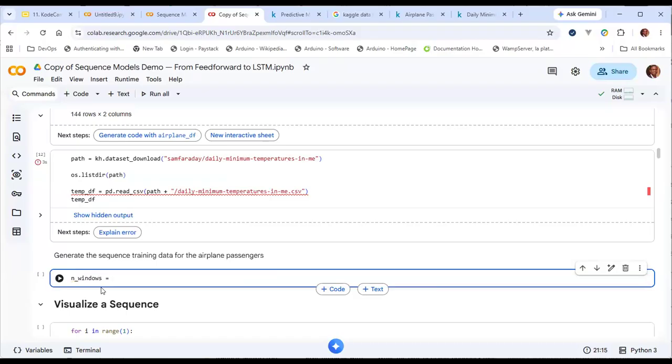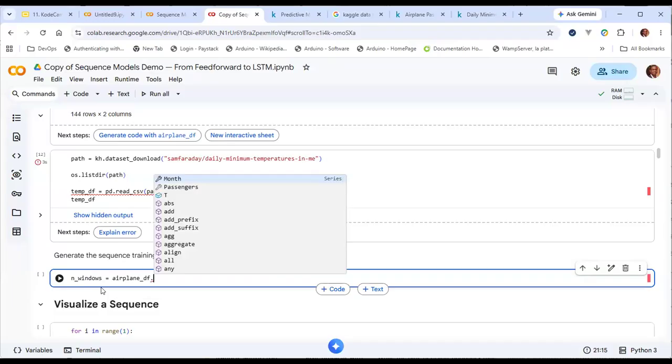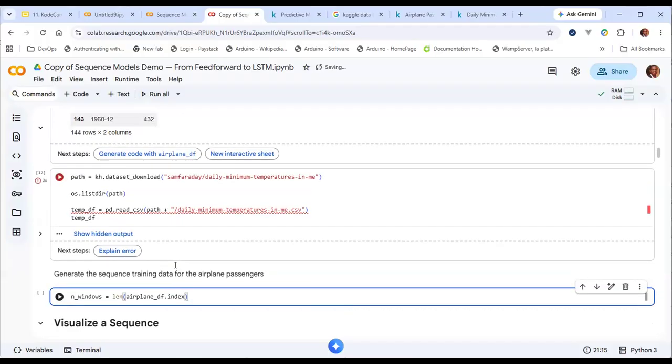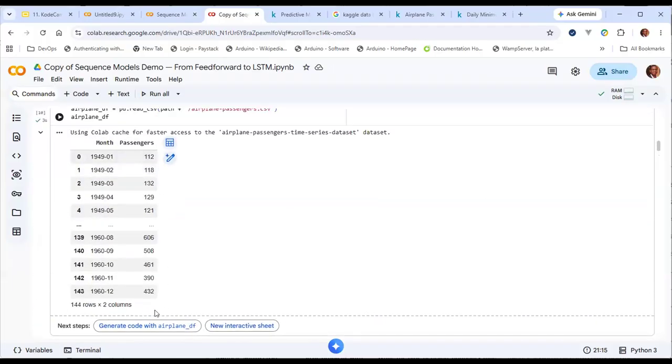It's going to be the number of rows in the data frame airplane, or you can just say the length of the index, which is the number of time steps.